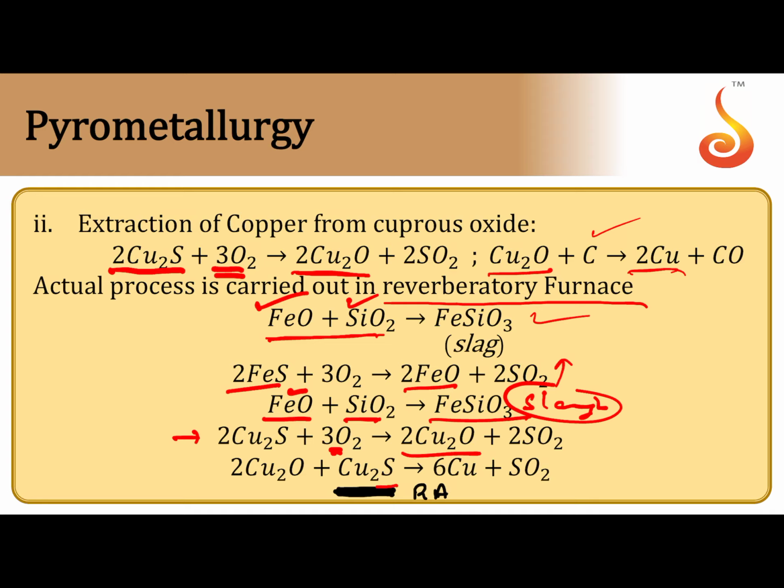The unreacted cuprous sulphide itself acts as a reducing agent and reduces cuprous oxide. So here self reduction, auto reduction takes place, Cu2O being reduced by cuprous sulfide only.